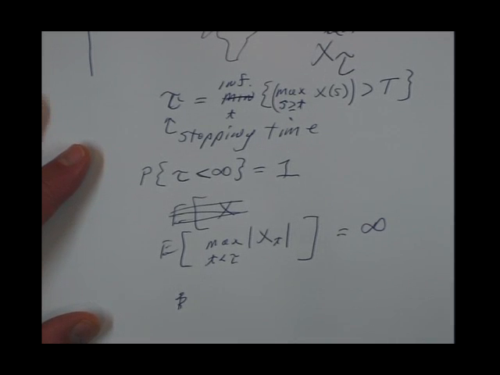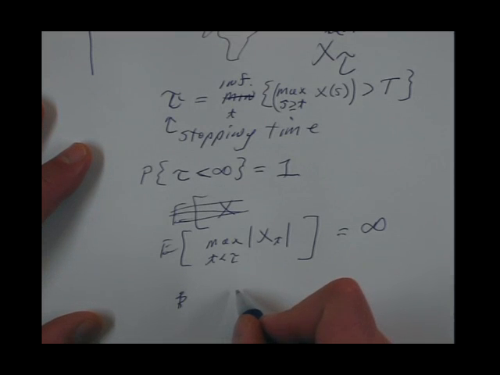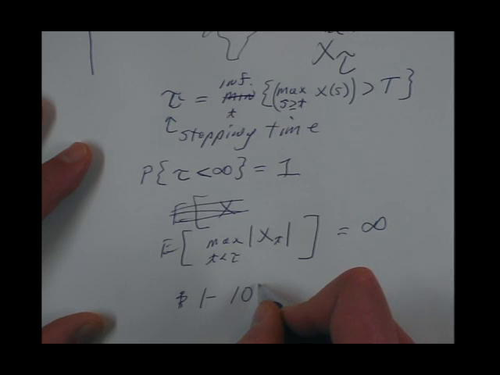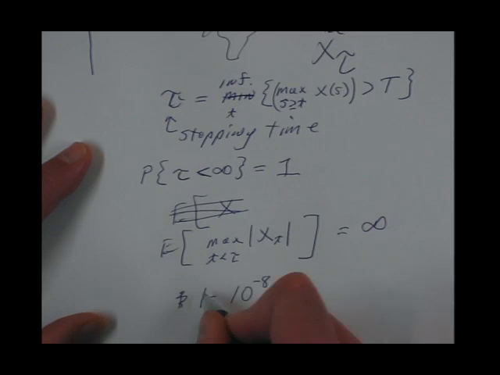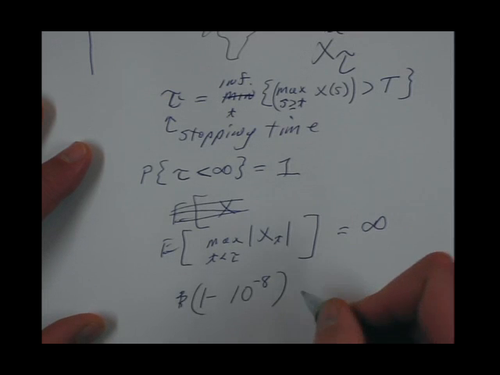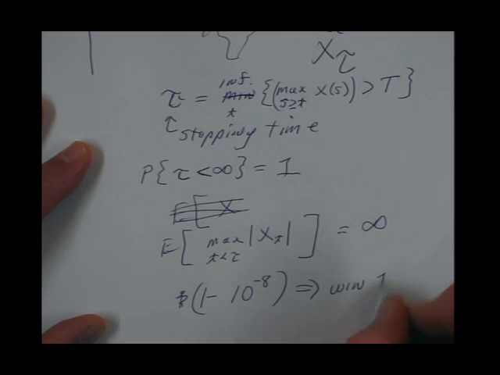So what will happen is that with probability 1 minus 10 to the minus 8, you will win $1, right?